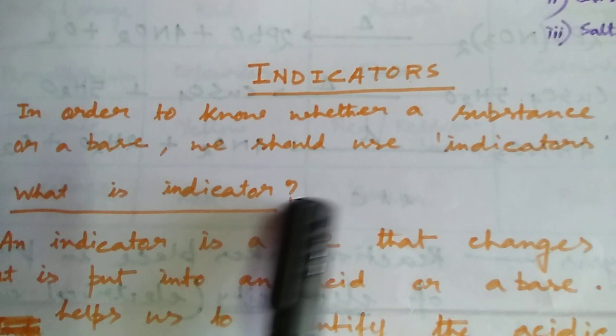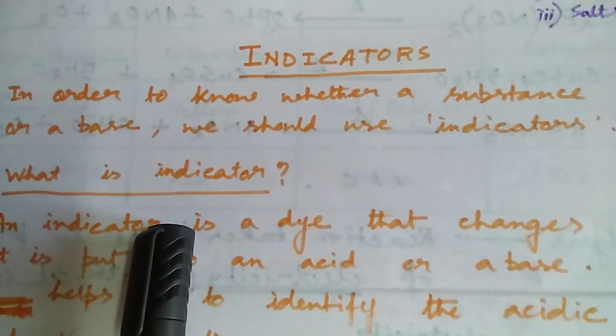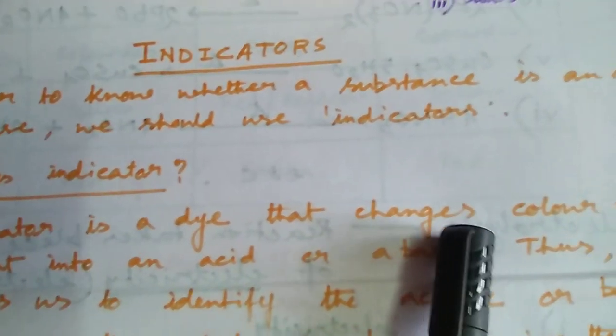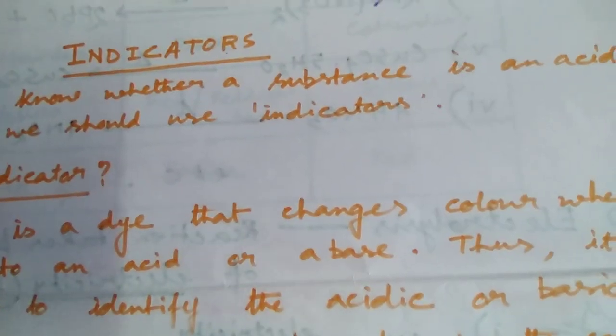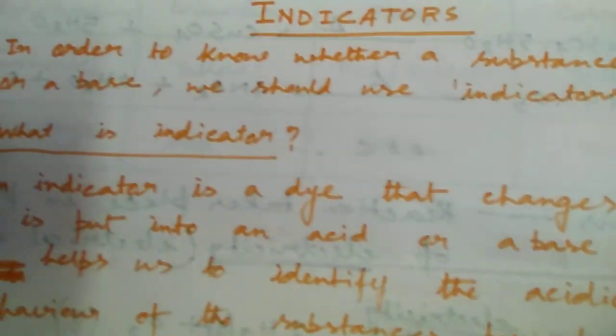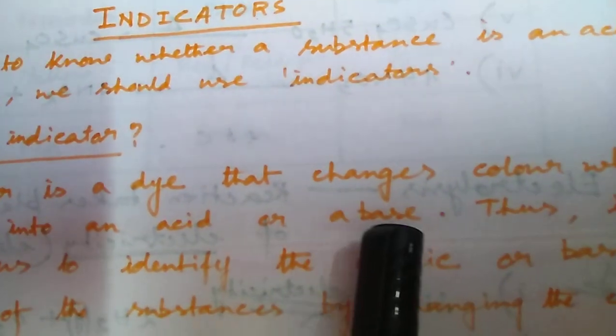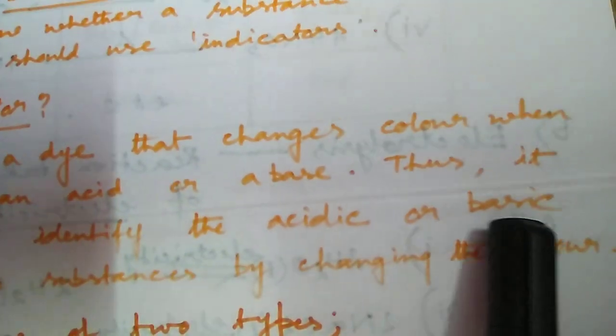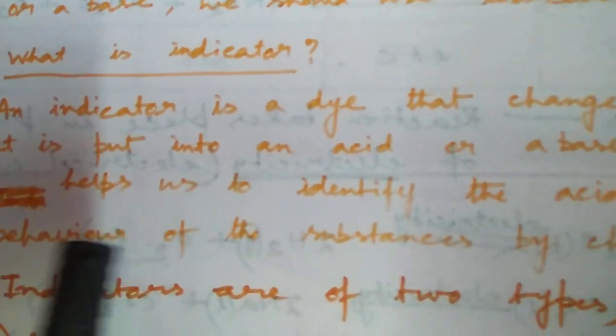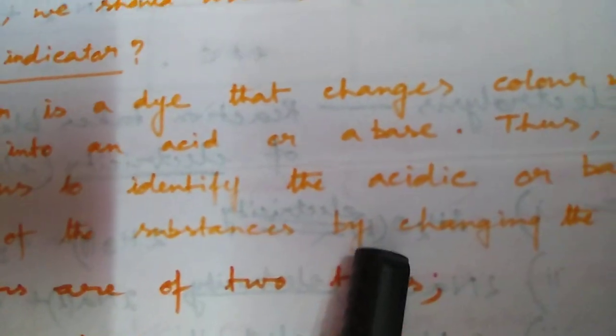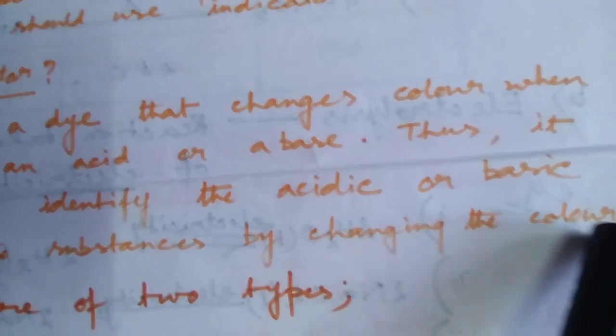Now what is an indicator? An indicator is a dye that changes color when it is put into an acid or a base. Thus, it helps us to identify the acidic or basic behavior of substances by changing their color.